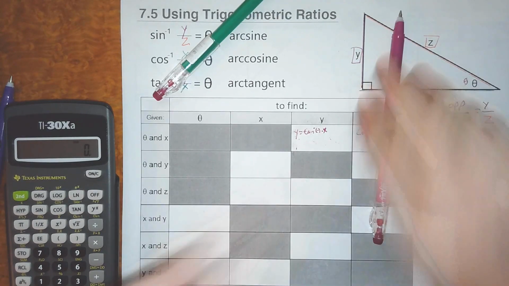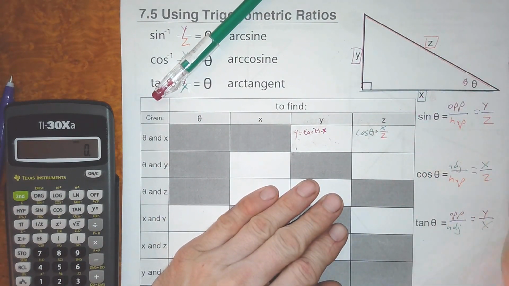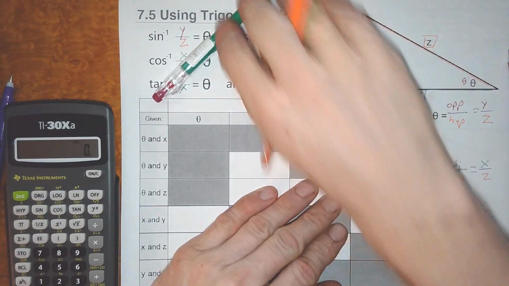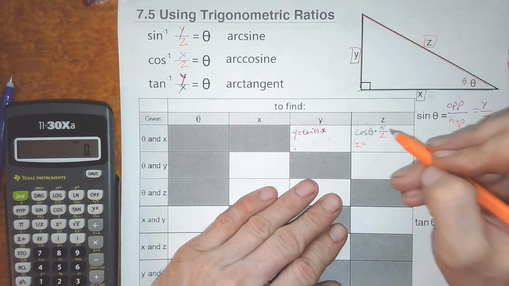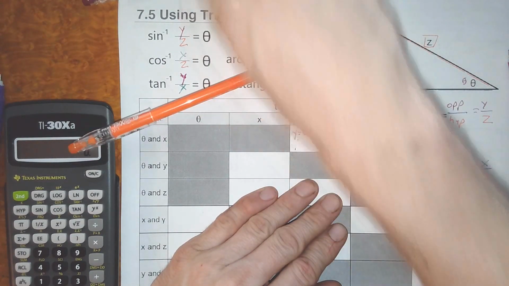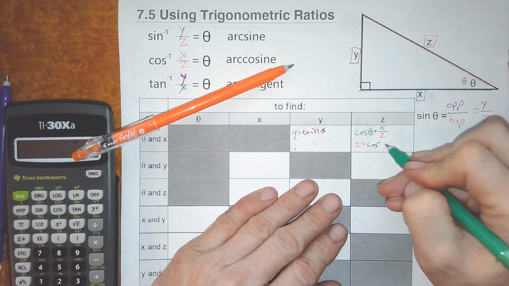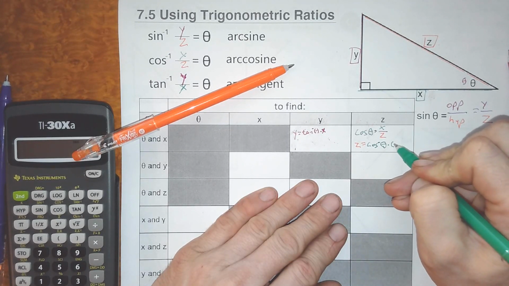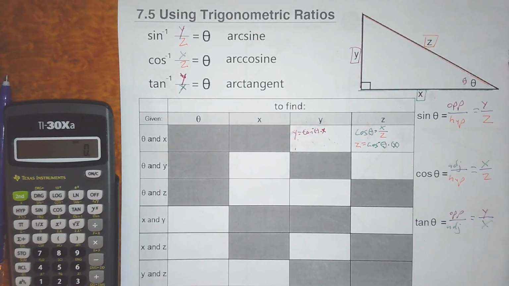So to solve for z is going to be equal to the inverse cosine, or the arc cosine of theta times x. Okay, so that's how we'd figure that out.